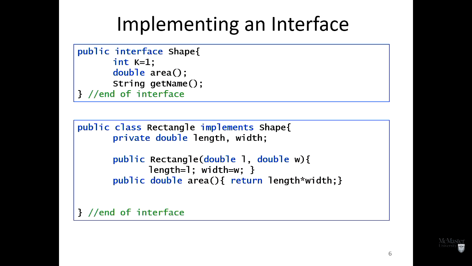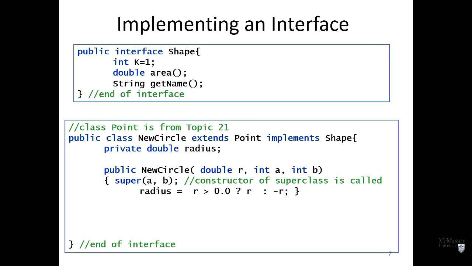Okay, so if you are done, then we would also add this method, which is the getName one. And then, okay, and then forget about the circle one.